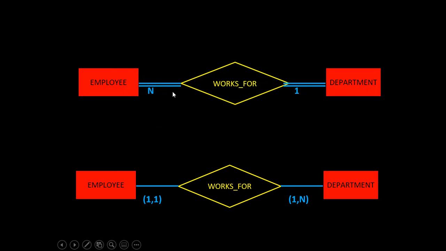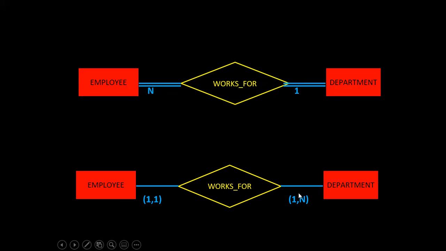Now for the value of max, I need to take it from the opposite relation. Between employee and works for, the max value will be derived from the cardinality constraint between works for and department. Between works for and department, I have cardinality constraint 1. That 1 becomes the max value between employee and works for.